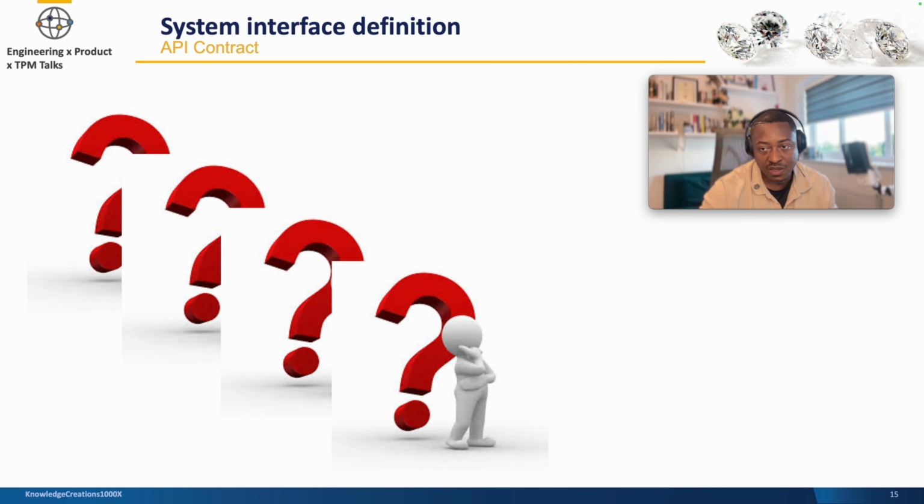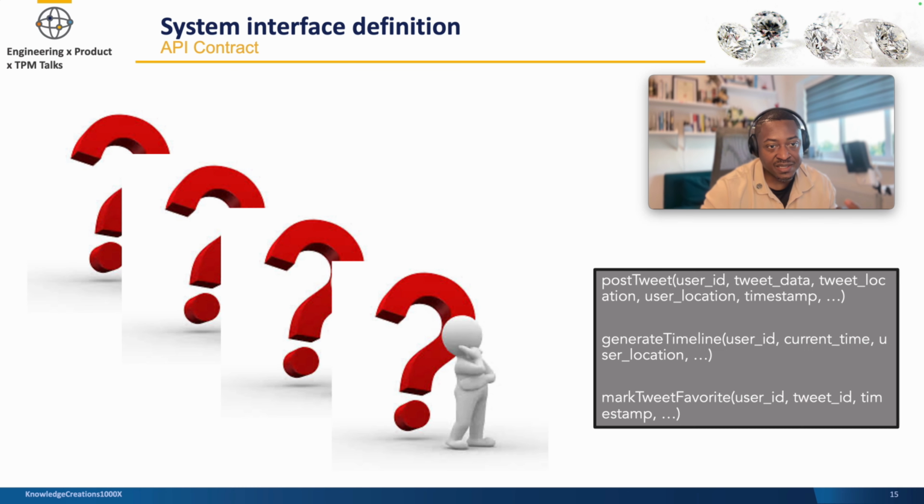So, for instance, some examples of APIs that you would consider for a Twitter-like or X-like service would be: do you want to post a tweet? And if you're going to post, what are the parameters used to identify that flow through the system? Is it the user ID? Is it the tweet data? The location? Is that really important?